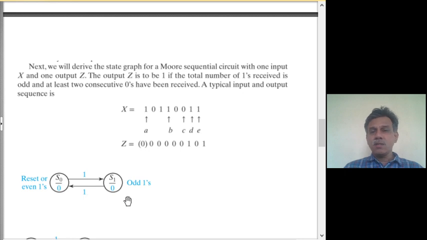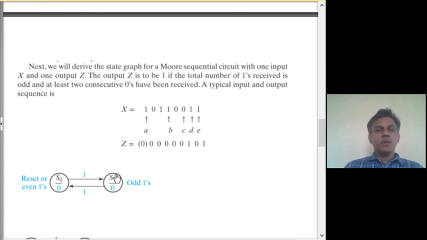When a bit 0 has occurred, it is not going to change the odd-even condition. So, if it is odd, a 0 will retain the state and it will remain in odd. If it is an even number of ones, a 0 will not change that, and it will remain here. So, we can have a self loop here for 0 and here as a 0. We will do that later.